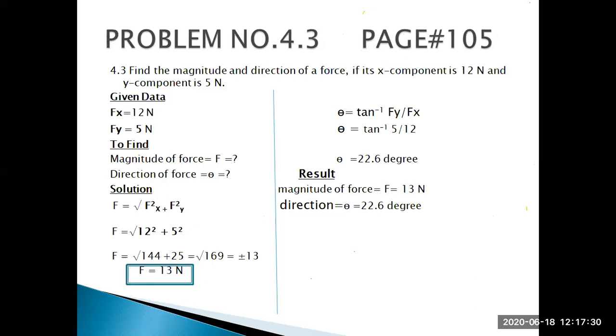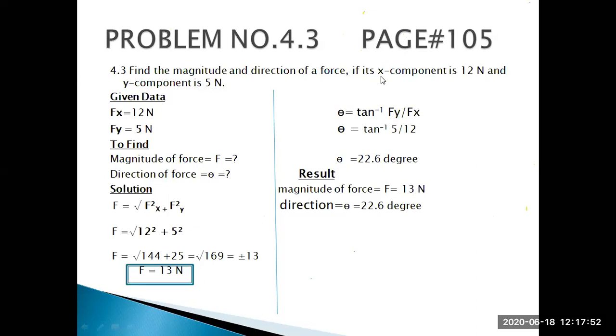In this numerical, he gave us the data. X component means horizontal component of force, which is denoted with the letter Fx. The x will be very small, it is only the subscript. So Fx equals 12 Newton.